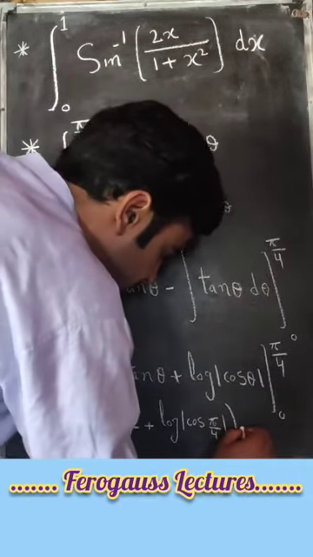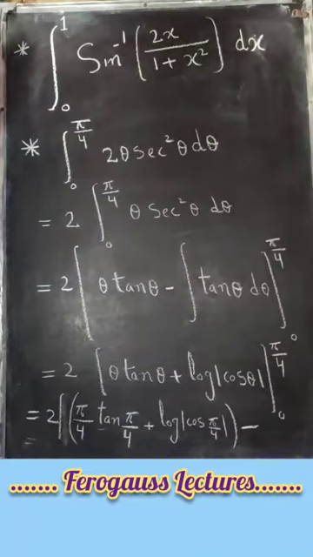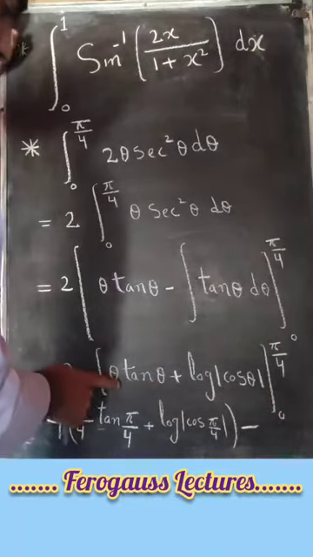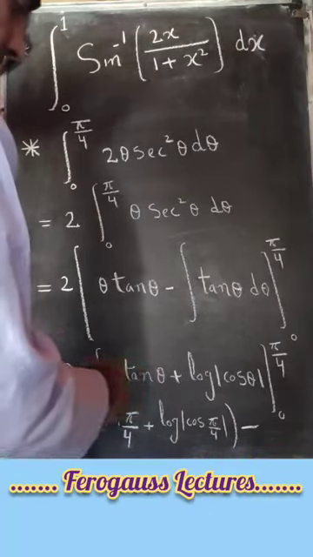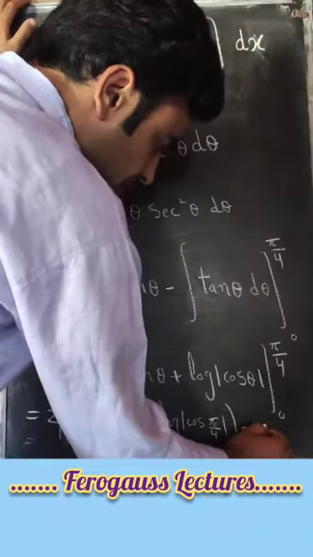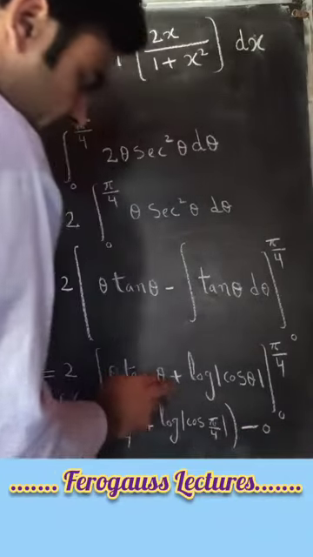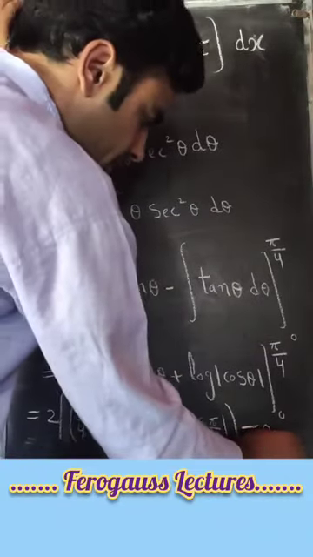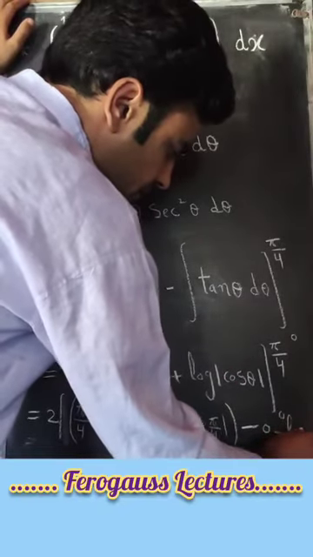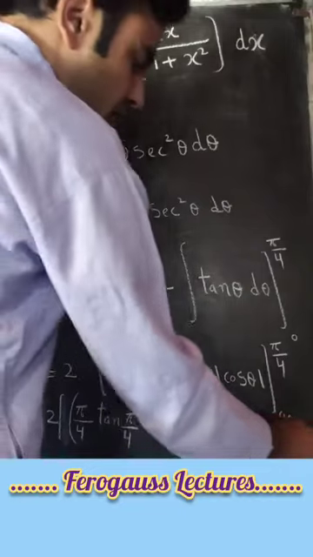Then minus times lower limit, that is 0. When you put theta equal to 0, this becomes 0. Then we have plus minus is minus, it is log of cos of 0 is 1, so it is log of 1.